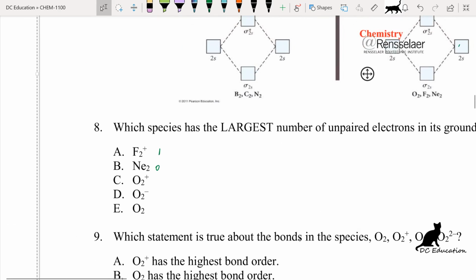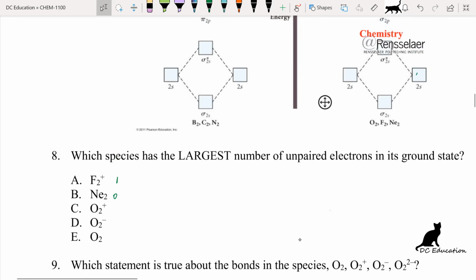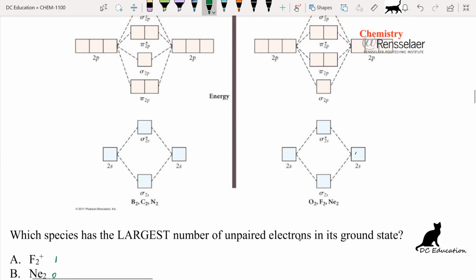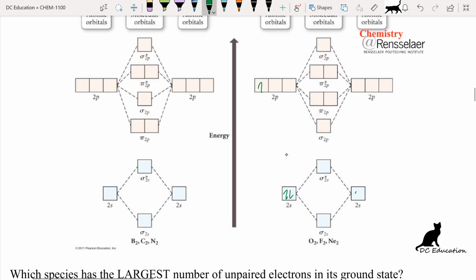Let's take a look at oxygen, the oxygen plus. Oxygen has 6 valence electrons, which means 1, 2, 3, 4, 5, and 6 on each side. Let's fill up the entire orbital real quick. 1, 2.